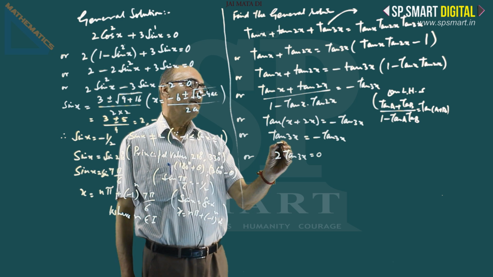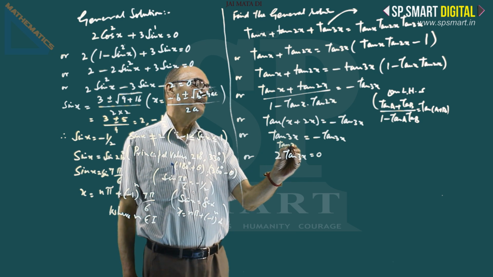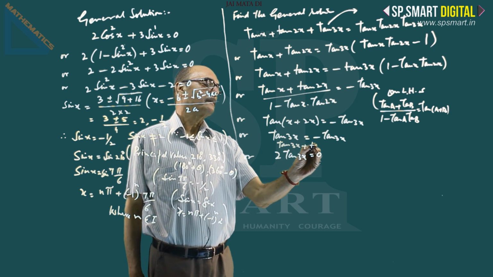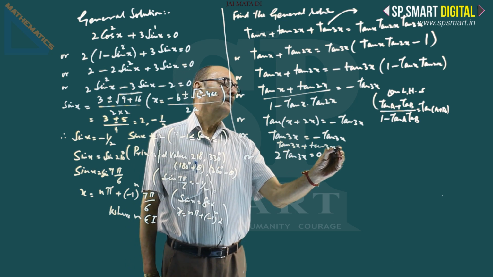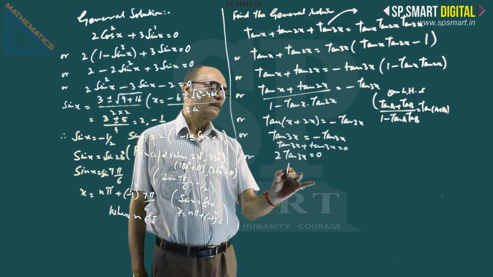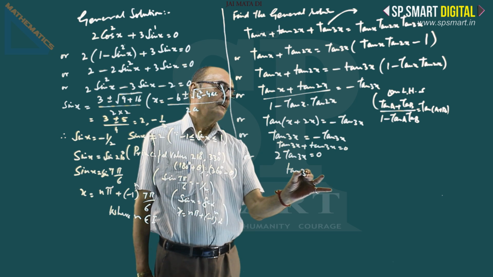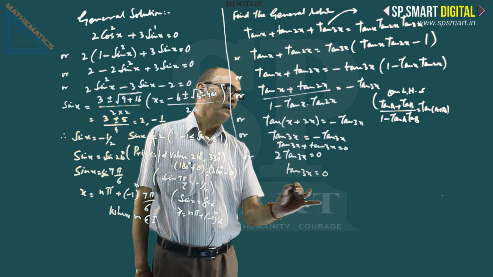That is, you can write down here one more step, tan 3x plus tan of 3x equal to 0, or tan of 3x equal to 0.